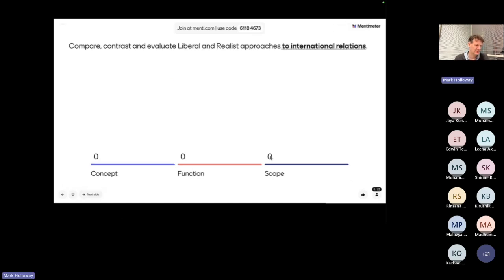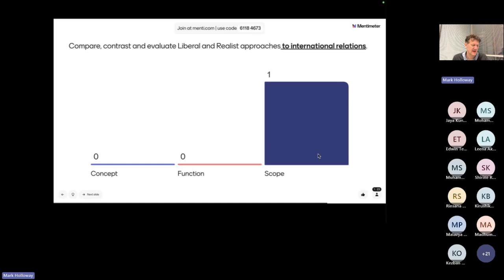So if I go on to the next slide, to international relations, is this concept, function, or scope? Compare, contrast, and evaluate liberal and realist approaches to international relations. One person straight away said scope. Is that because you answered concept to the last question? We've got 3 scopes.